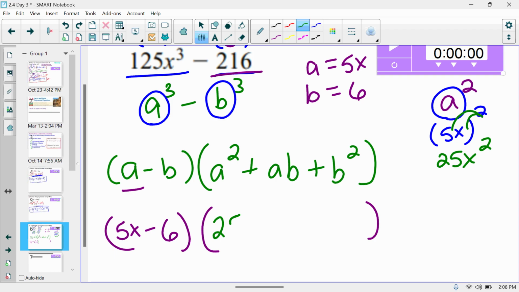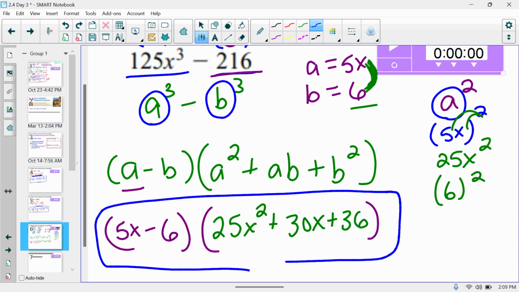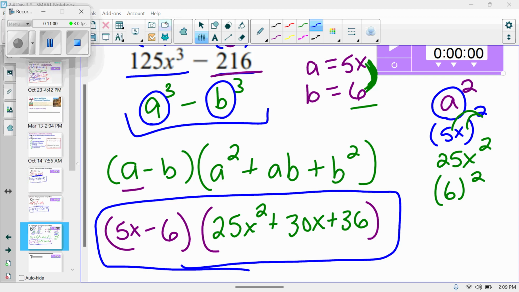It turns into 25x squared plus A times B. Well, A times B, 5x times 6, is 30x. And then B squared, B is just 6, so 6 squared would just be positive 36. So this will be our final answer for that one. Again, you basically just follow the rule for a difference of 2 cubes.